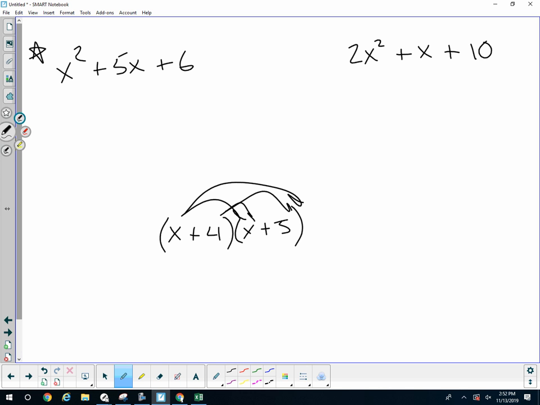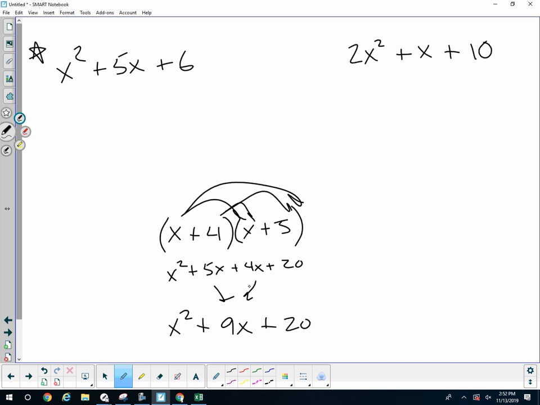And we can go straight to our fully distributed form because we know that we'll have x squared plus 5x plus 4x plus 20. And instead of writing this all out, we know we could just take this 4 and this 5 and add them together, and we get 9x. And if we took this 4 and this 5 and we multiply them together, you get 20.